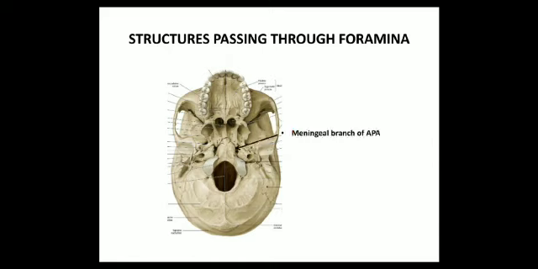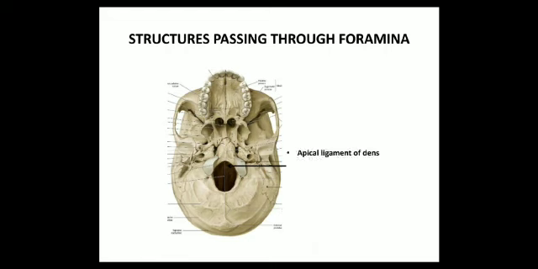Through the foramen lacerum, usually during life the lower part of the foramen is filled with cartilage and no significant structure passes through the whole length of the canal except the meningeal branch of ascending pharyngeal artery and the emissary vein.